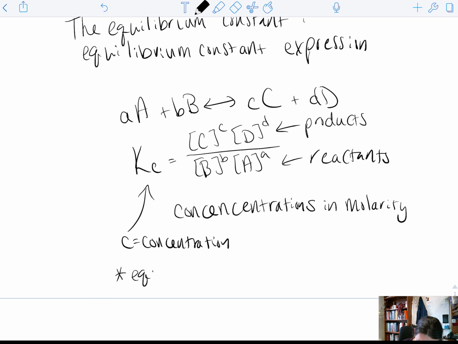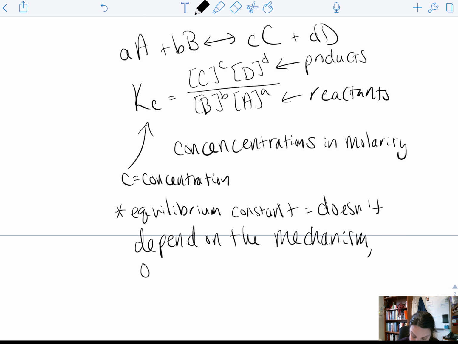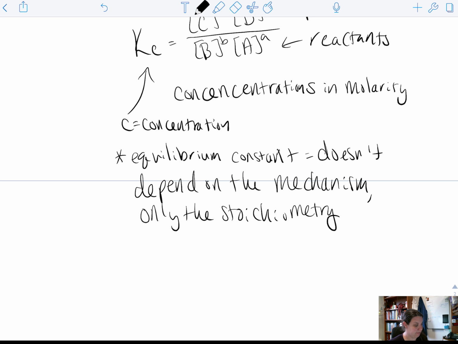So the equilibrium constant doesn't depend on the mechanism, only the stoichiometry. So it is different from our kinetics, where it depended on the mechanism. So keep that in mind.